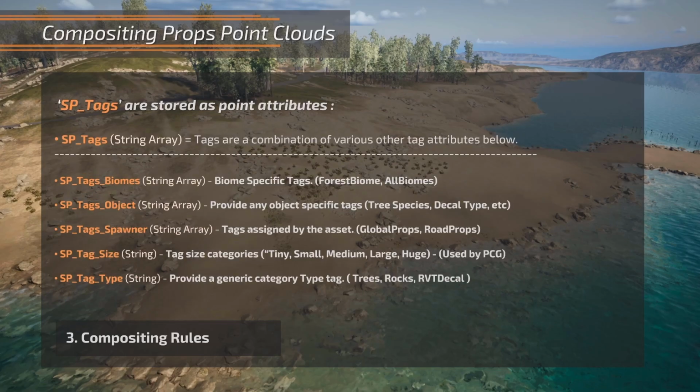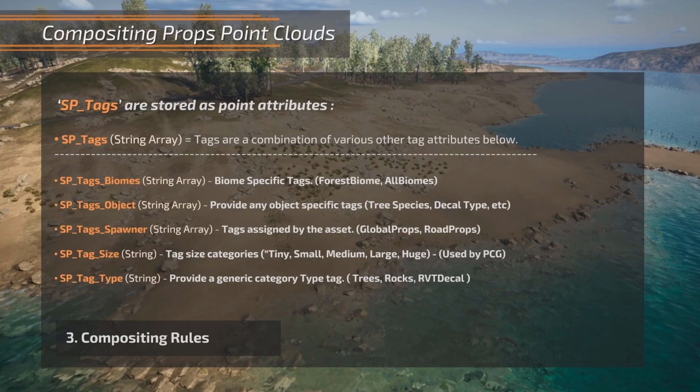Now, if we're talking about the spawn point tags, they are basically a set of strings, and they combine together into the final SP tags attribute. They are string arrays, and if we look at the individual strings below, you can actually see we have one for biomes. So if you want to have specific objects exist in certain biomes, you can add that into the tags biomes string array.